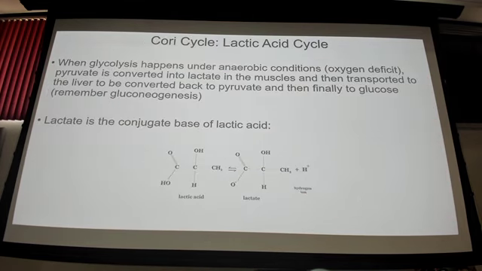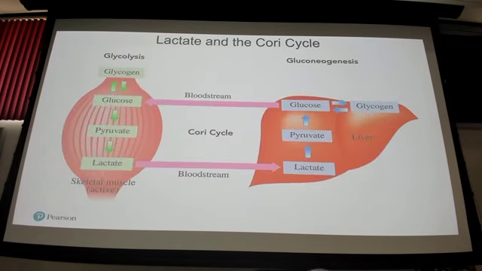And then finally, the Cori cycle is a cycle that converts the lactate that was created during anaerobic conditions in our muscles. What happens is this lactate in the muscle is brought to the liver, converted to pyruvate, then converted back to glucose.